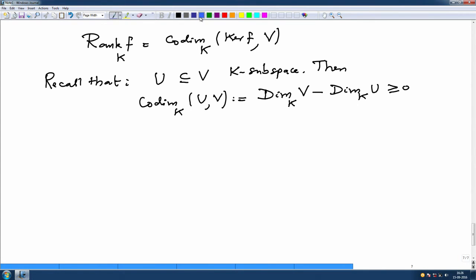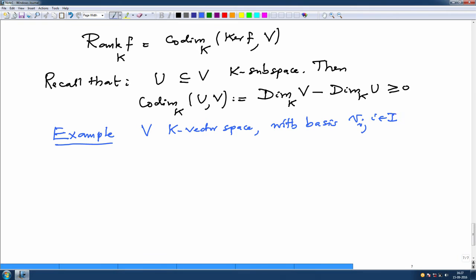Let us look at an example. For example, if you take V any K-vector space and you choose a basis v_i, where I is an arbitrary index set.